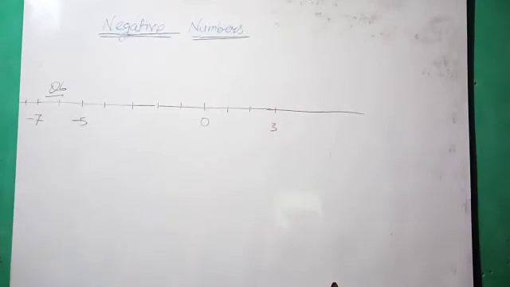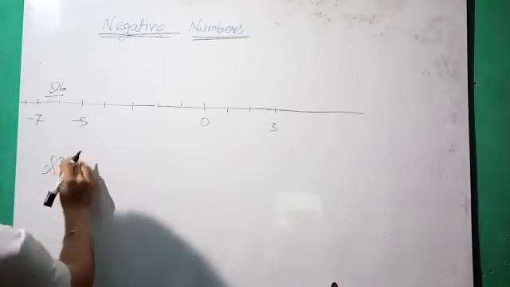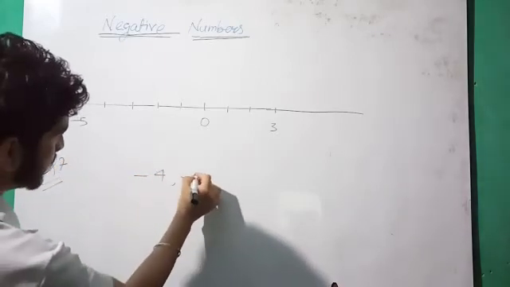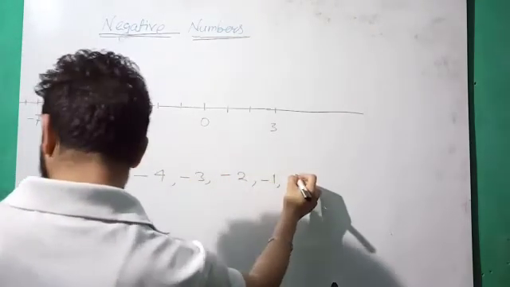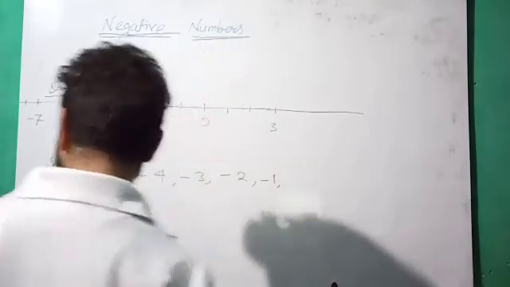Next, move to the 7th question. Write all integers between minus 5 and 2. You have to write down the integers between minus 5 and 2: minus 4, minus 3, minus 2, minus 1. Okay. 0. Is 0 an integer or not?